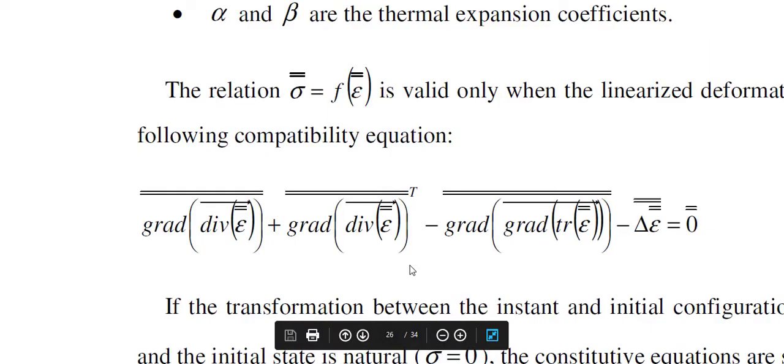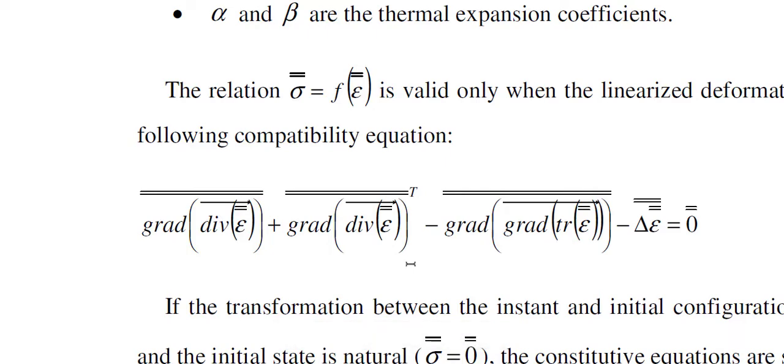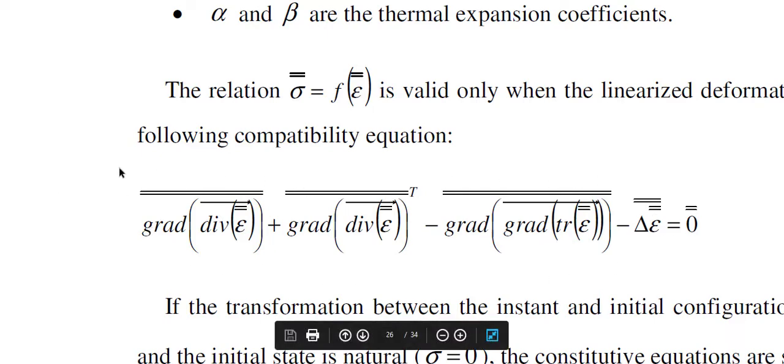One way to verify that the tensor epsilon is kinematically admissible is to use this compatibility equation.